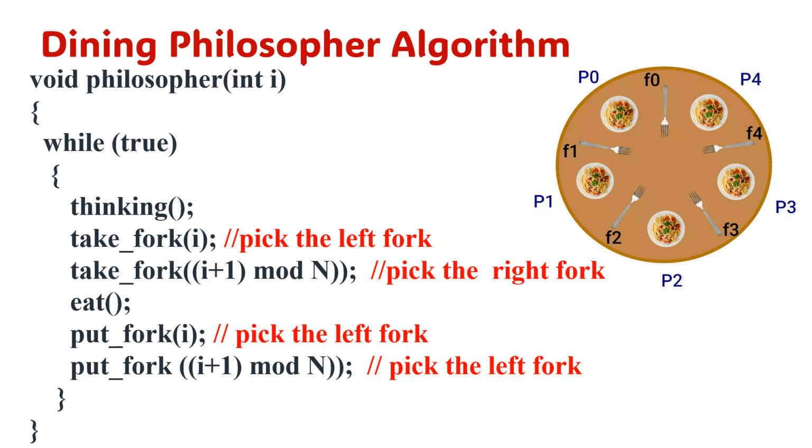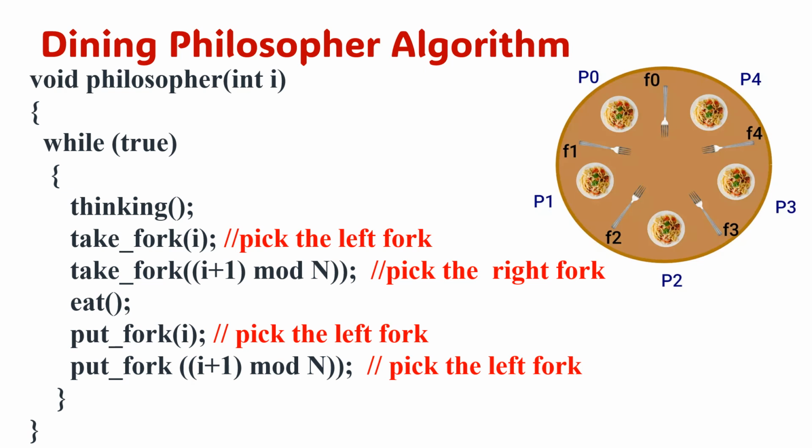1 mod 5 is 1. So he will pick up the 0th fork and the 1st fork, and then he will enter into the critical section and start eating. After eating, he can put fork i, that is 0.